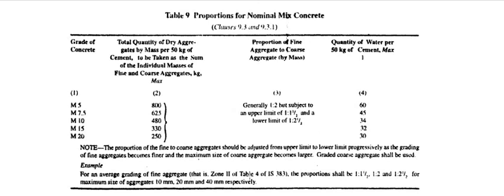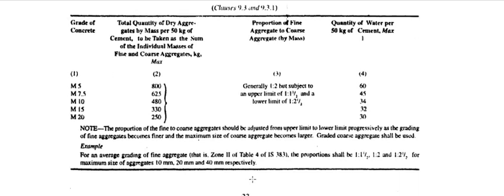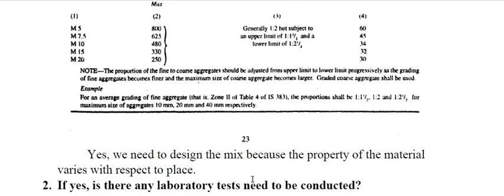Again, this proportion is only for zone 2 of fine aggregate, so we must design the concrete mix, right?